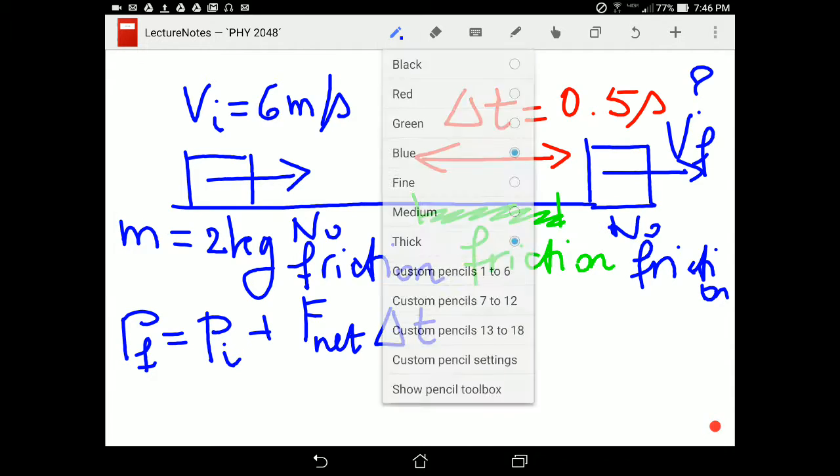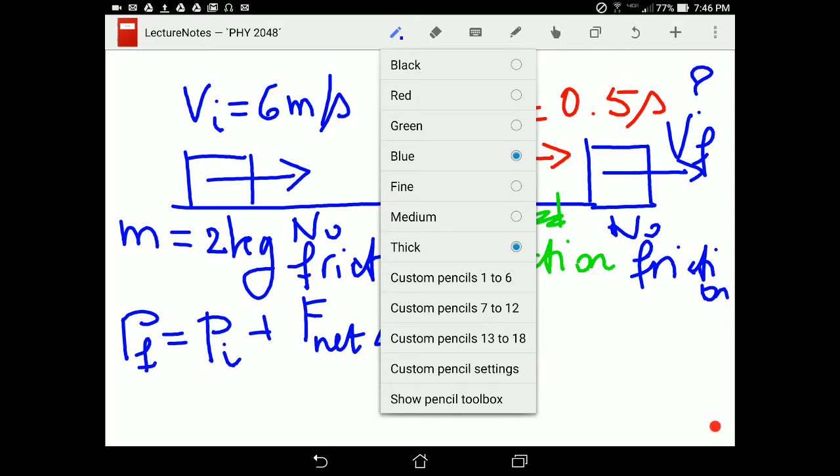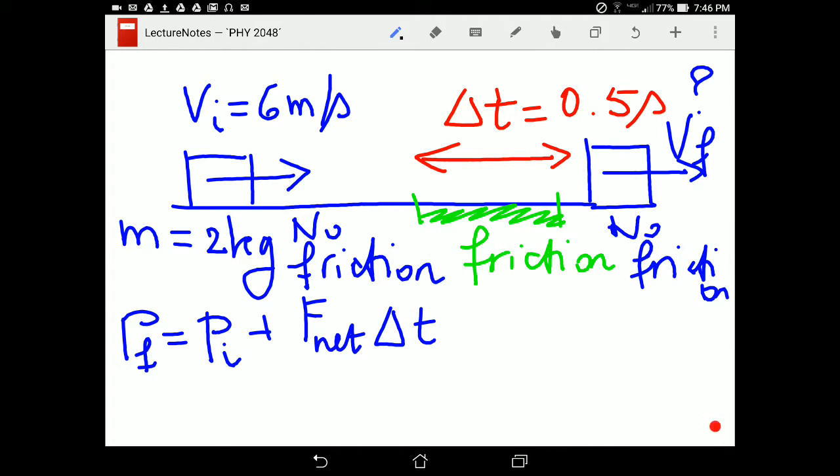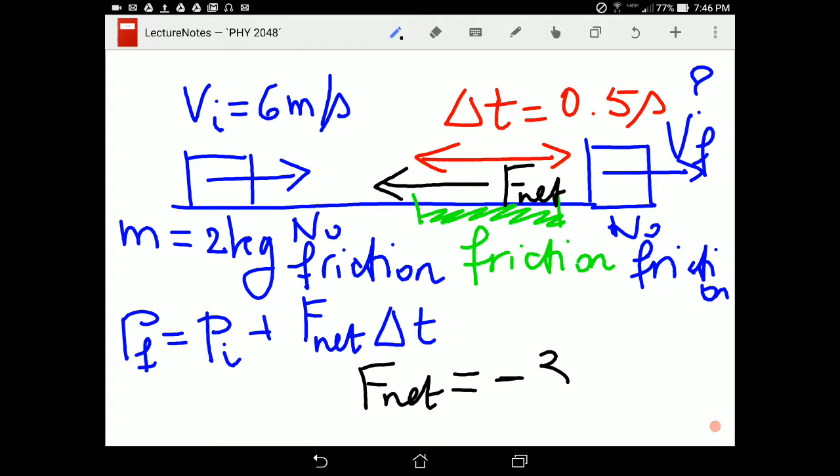Let's say we are given the following information: the force in question, which obviously has to be a friction force, is going to be oriented this way, applied in this direction, and let's consider it has a value of 3 newtons, but since it's pointing to the left, we're going to write this as negative 3 newtons.